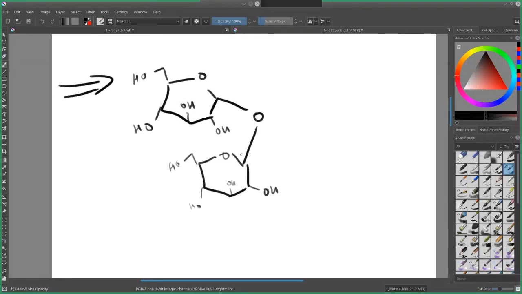So, here's one glucose, and here's the other.